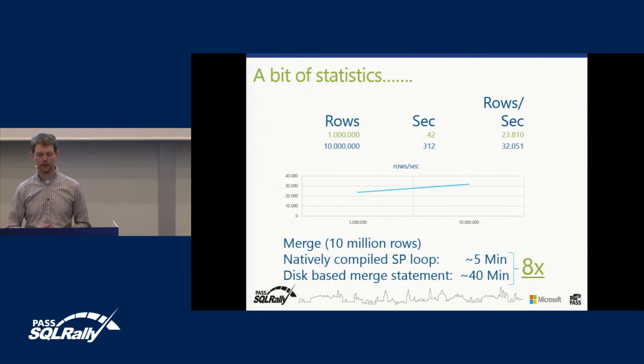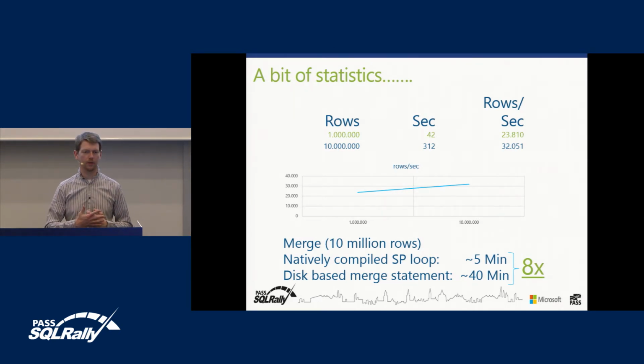So we actually obtained an 8 times performance increase by writing loops and going row by row instead of using a merge statement. Well, we didn't completely get to the 15 times performance increase, but we did get 8 times, which is also pretty neat.